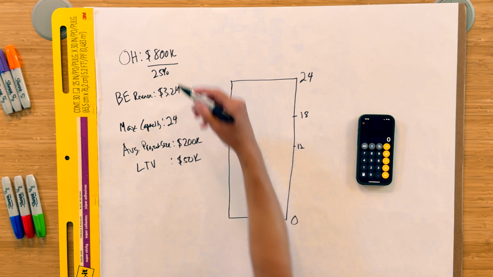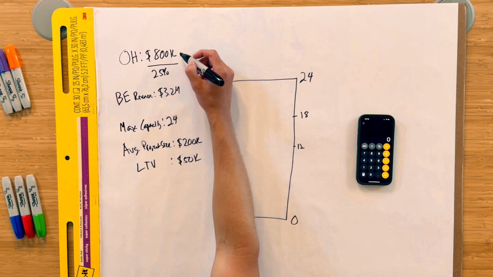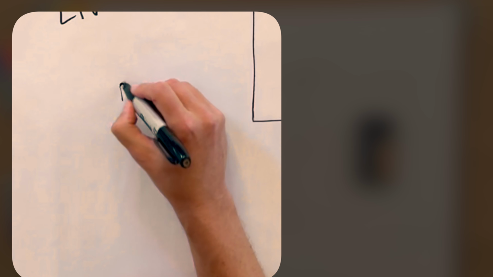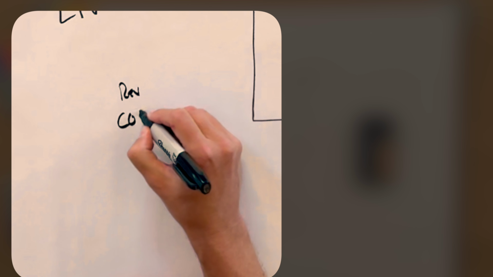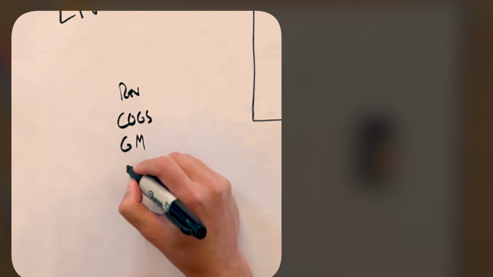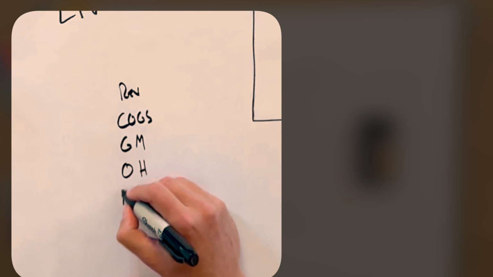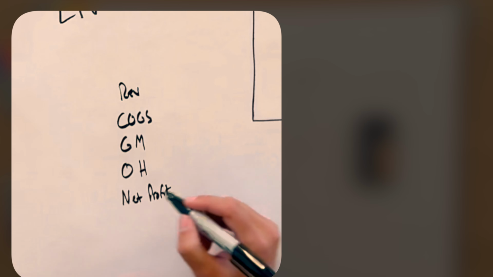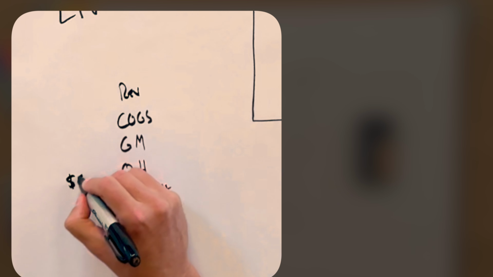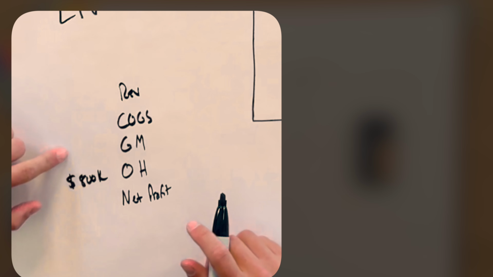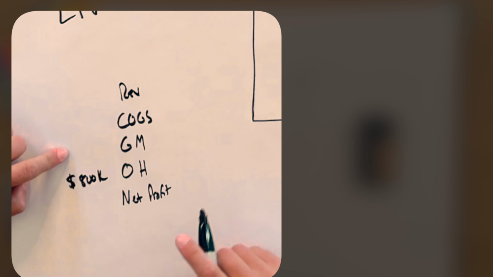And we know gross margin needs to cover our overhead. Because if we look at a little mini P&L, we've got revenue, we've got COGS, we've got our gross margin, and then we've got our overhead, and we've got net profit. So if our overhead is 800,000, then we need 800,000 in gross margin to break even.